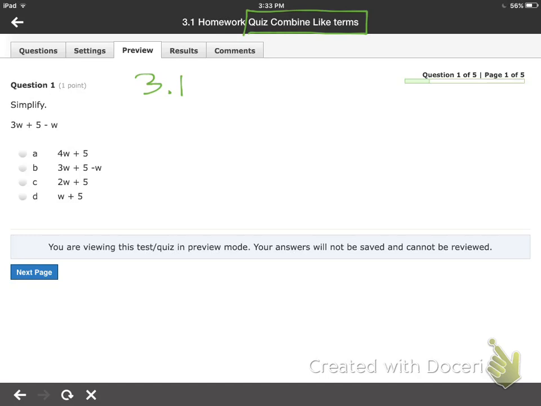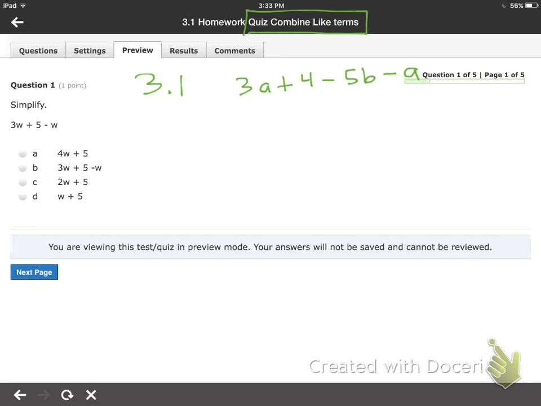Terms are what we call any group of numbers or variables or a combination of the two with their signs in front. So just to make one up, 3a plus 4 minus 5b, and actually we'll do this, minus a.